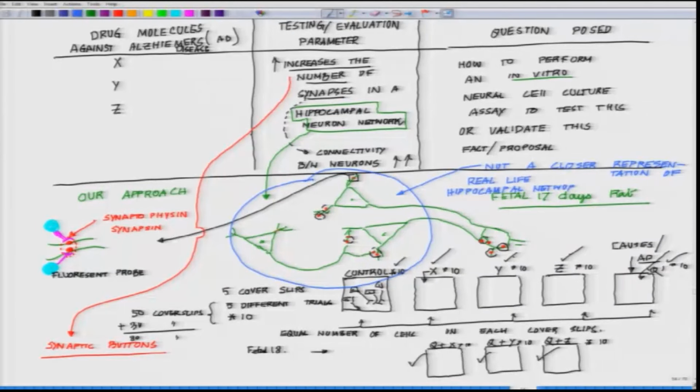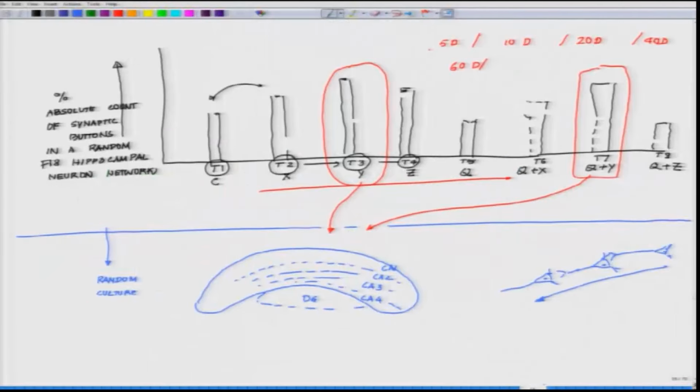Yes, it is part of it, but not close to the real life. Okay, random culture, not an exact representation. Point 1.